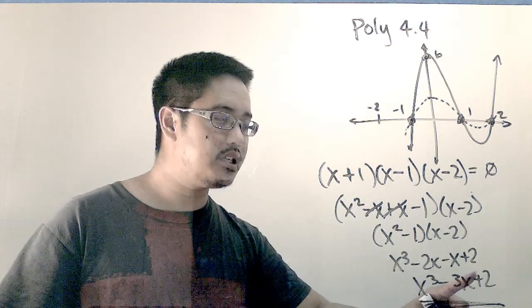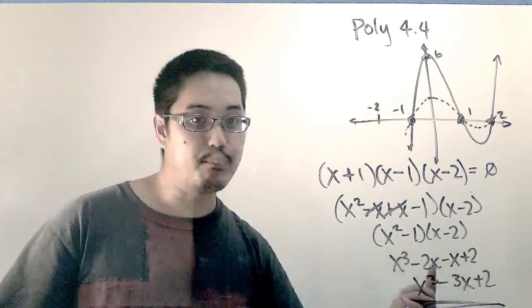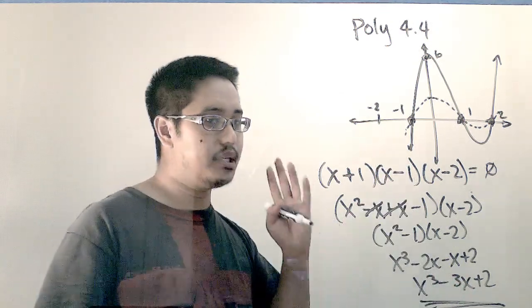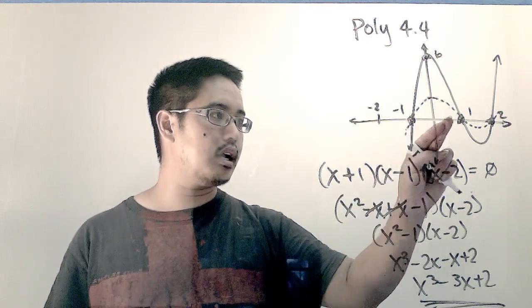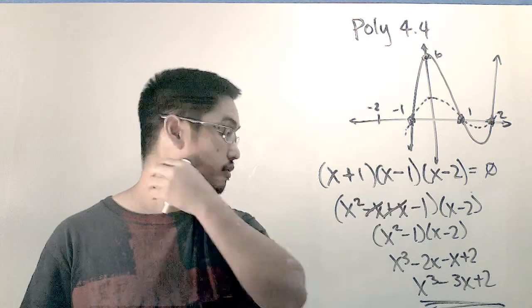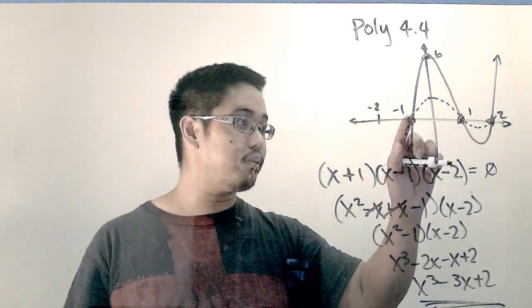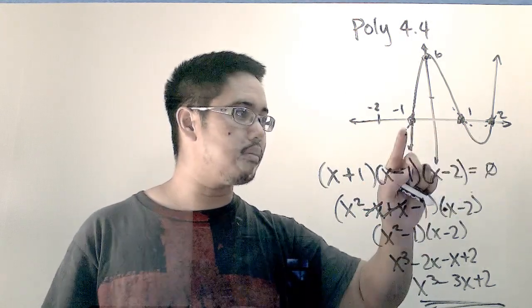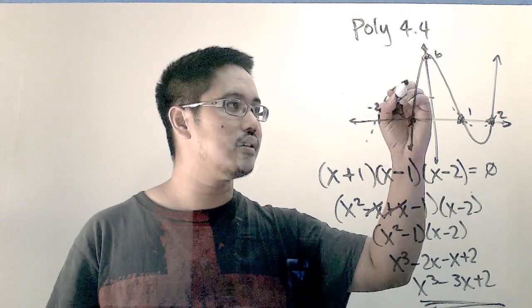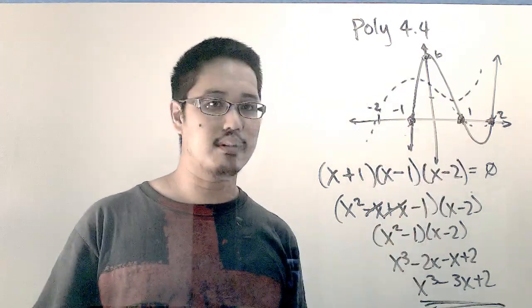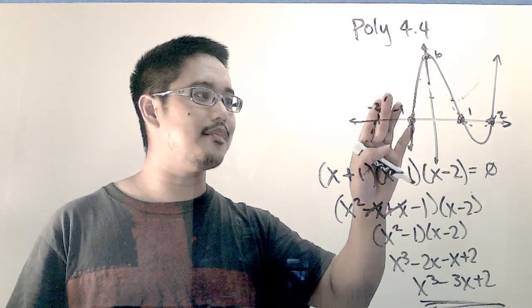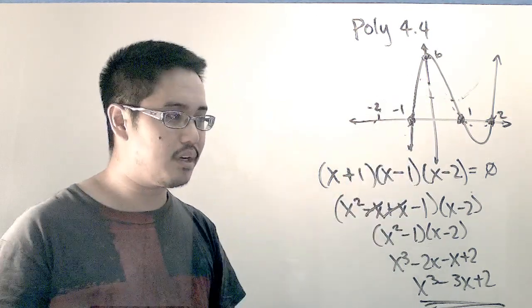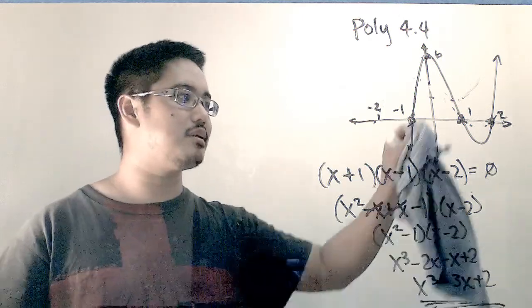But I can't simply change that to a 6 and push the whole graph up, because that would change the x-intercepts. It would change the zeros of the function. It would probably push this dotted graph all the way up, and it would probably cross maybe over here, something like that. And that's not what we want to do. We want to keep the zeros the same, but change the y-intercept to be 6.